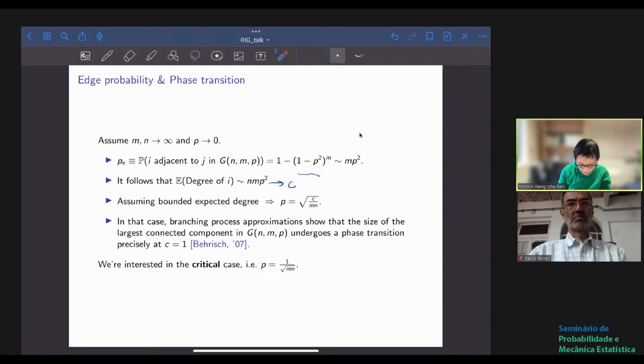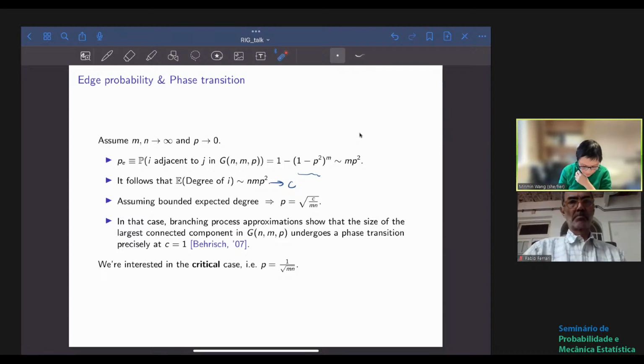One thing often studied in random graphs is the size of the largest connected component. If you want to study that, it turns out you can use a branching process approximation, very much like the branching process approximation in the Erdős–Rényi graph case.